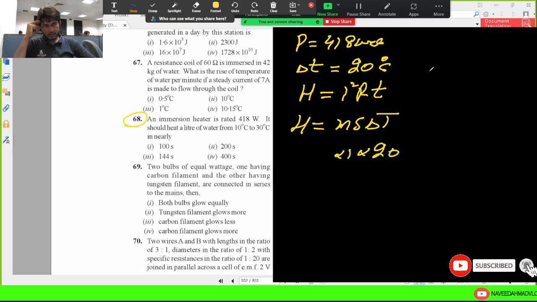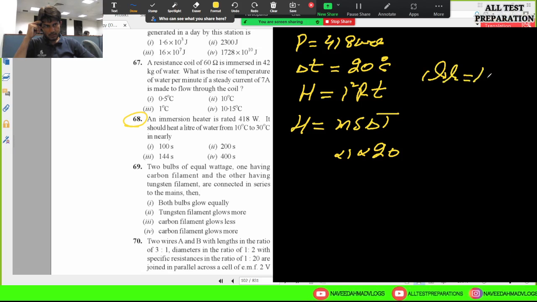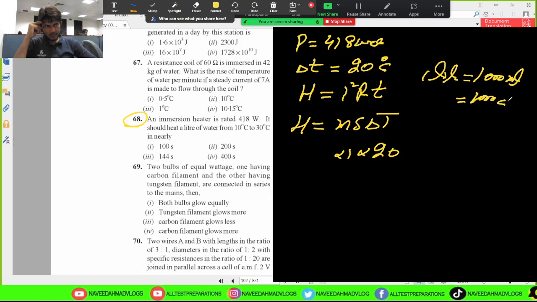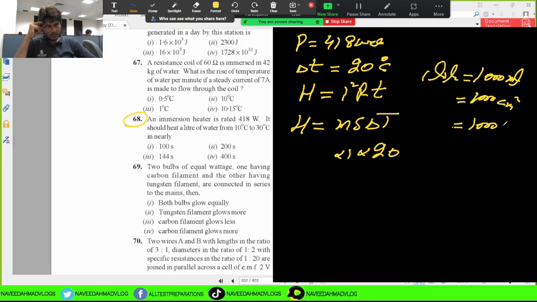Actually 1 liter is equal to 1000 milliliter. This is also equal to 1000 centimeter cube. This is also equal to 1000 grams. So this will be 1000.